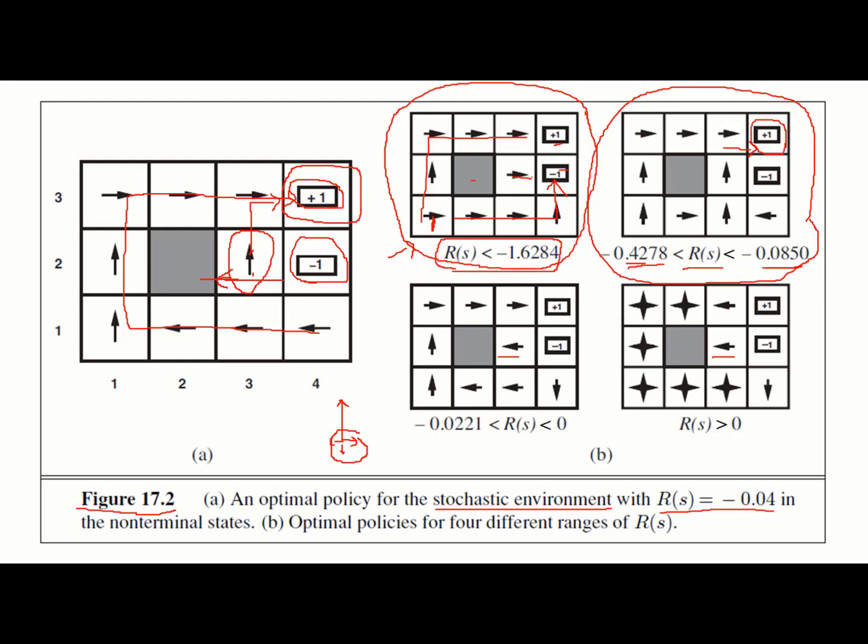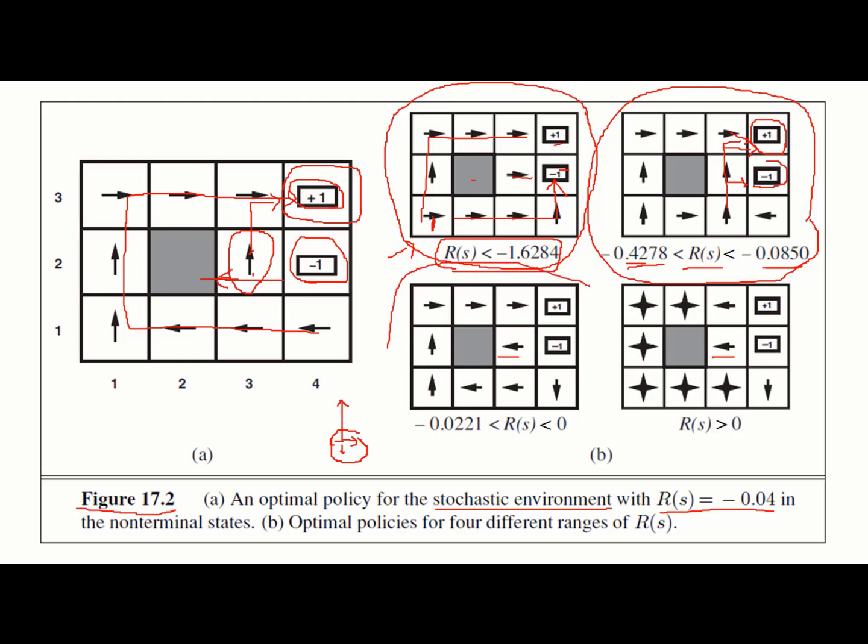In some sense, it is not explicitly running away from the minus terminal state, but its preference is to find a path to the terminal state with a +1 reward, and that's how the policy is described.